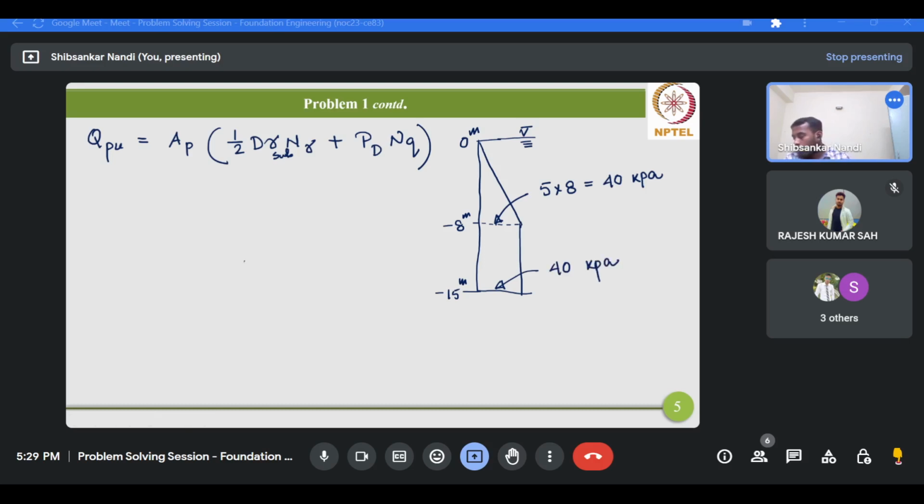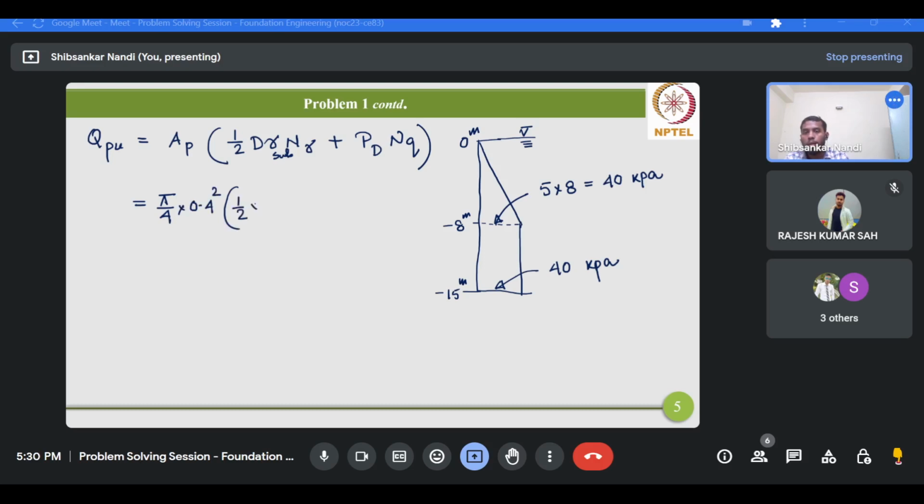So for the calculation of QPU, first of all Ap will be pi by 4 d square, so pi by 4 multiplied by 0.4 square, since the diameter of the pile is given as 0.4 meter.